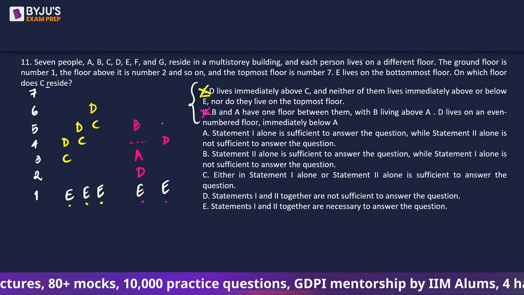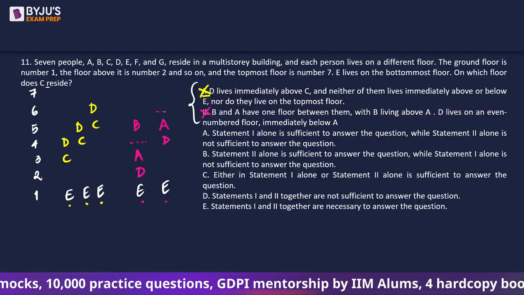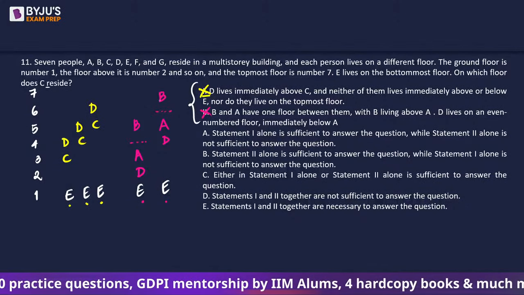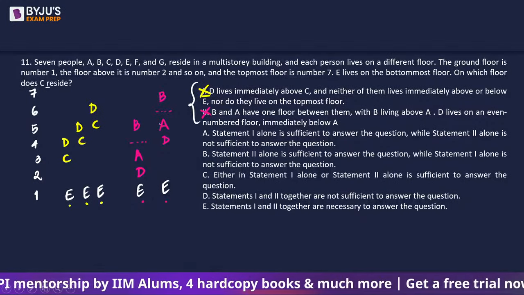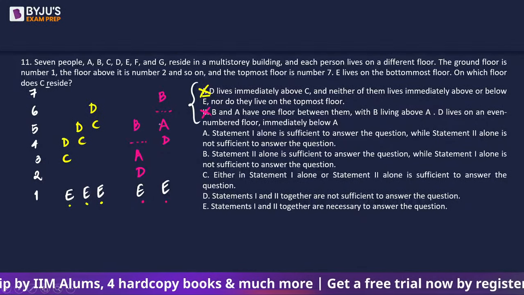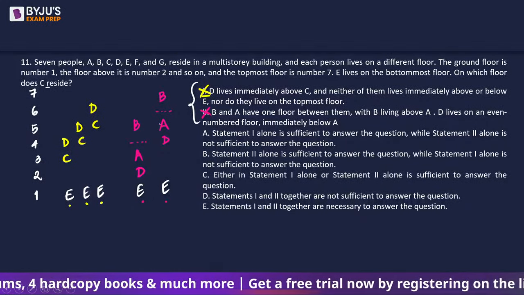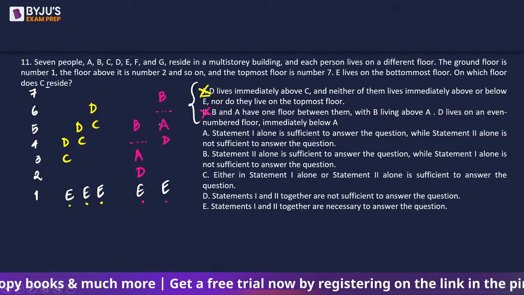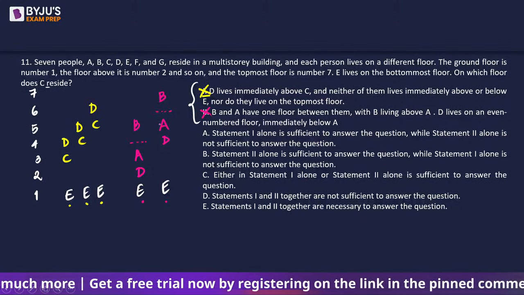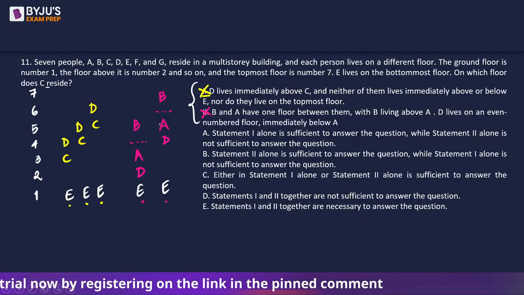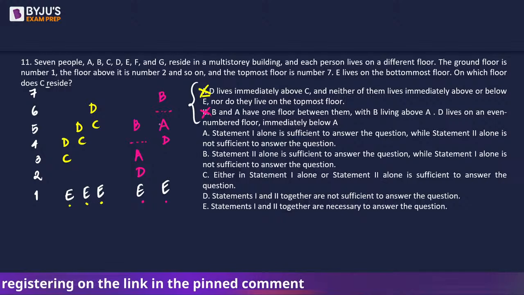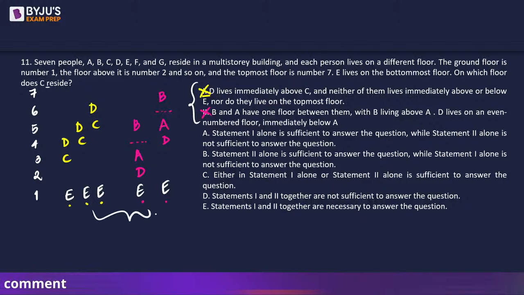D, A, gap and B. D lives at 2nd floor or 4th floor. We can't go above 4th floor. Fine. There's nothing amiss right now. So individually, still we do not know where C lives. So we will go ahead and combine them.